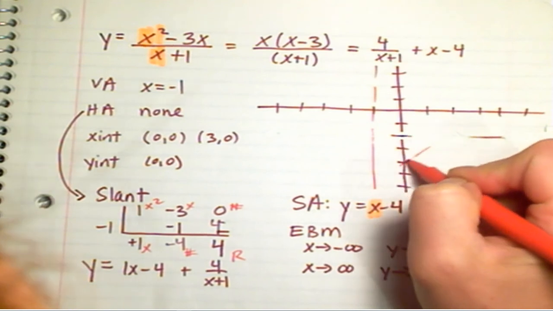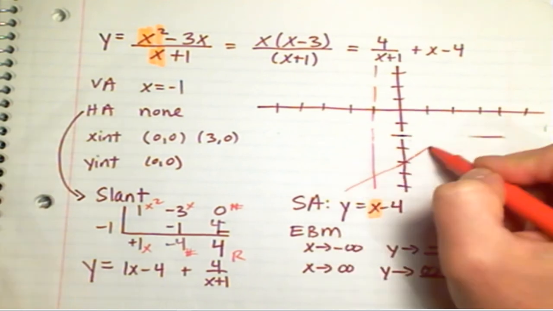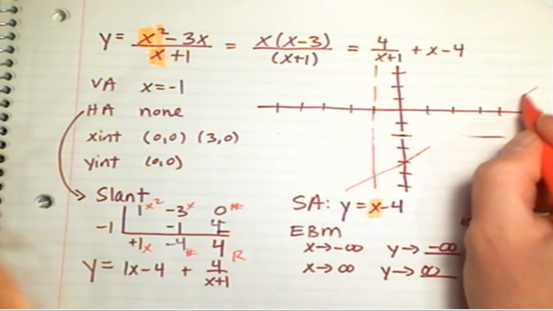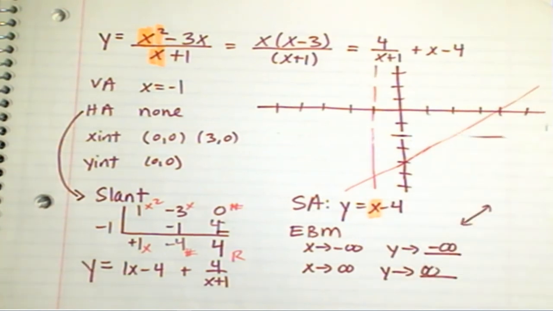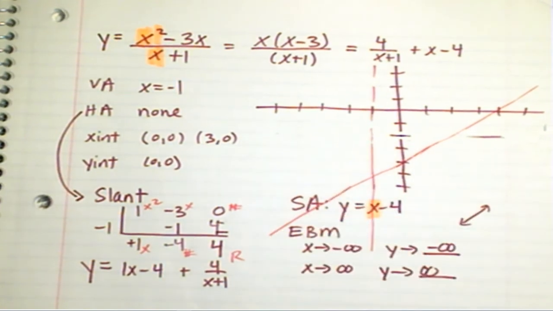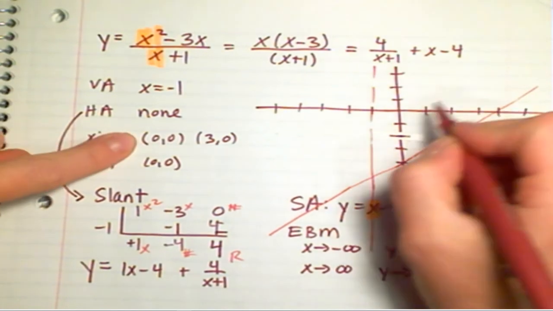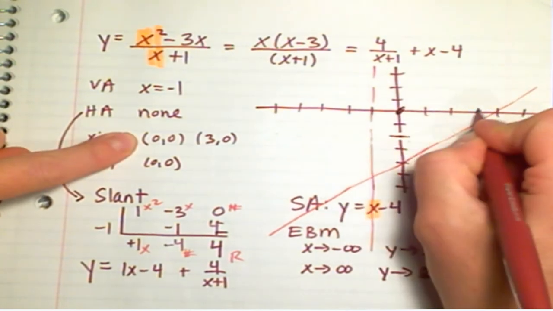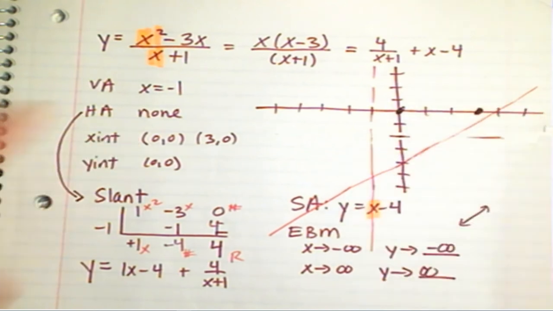Okay. 4 with a 1 slope. Okay. Now, I guess I'll just kind of expand my graph right through my work here. That's all right. And plot some points. 0, 0, 3, 0, 0, 0.